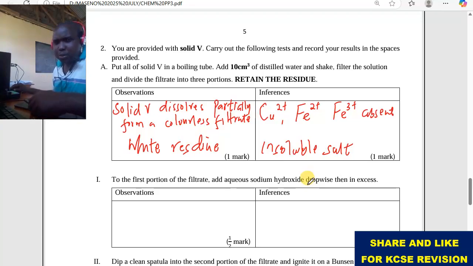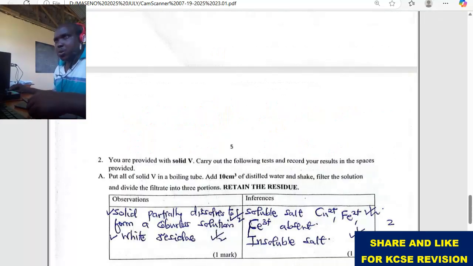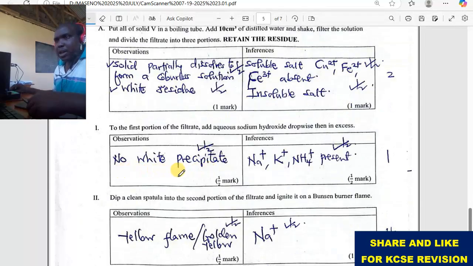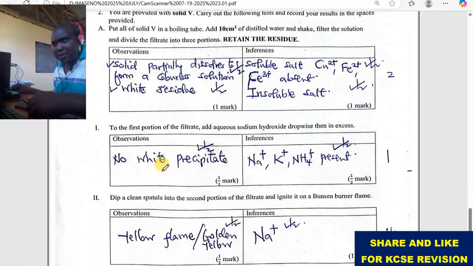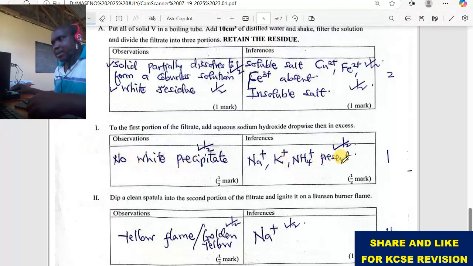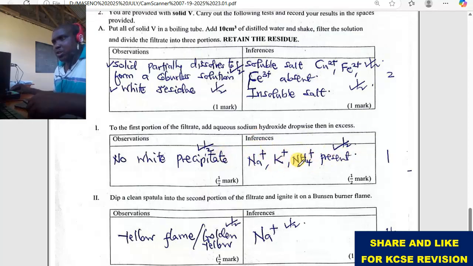Those are the only 3 observations, and you need to know the answers for each, because that is the only thing we are testing. So this one, there was no white precipitate. If there is no white precipitate, then the sodium ion, potassium ion, or ammonium ion are present, because they don't form any white precipitate whatsoever.